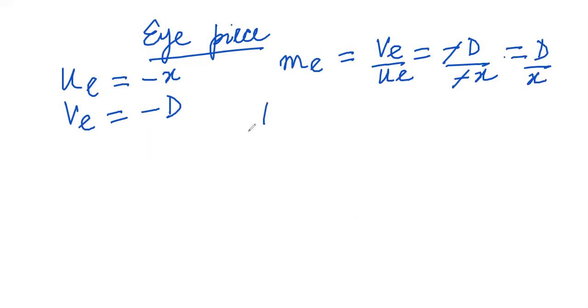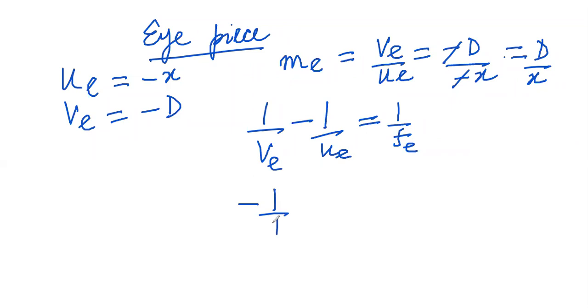Now I'll use the lens formula: 1 by V minus 1 by U is equal to 1 by F. For the eyepiece, I will put e as a suffix over here. Then I can write minus 1 upon d plus 1 upon x is equal to 1 upon Fe. Am I clear? So I can obviously write this as equal to 1 upon Fe.